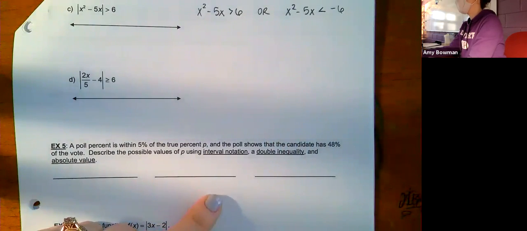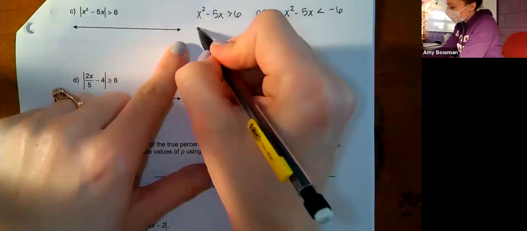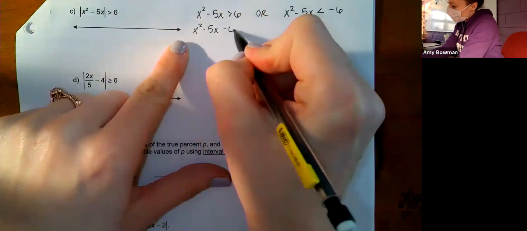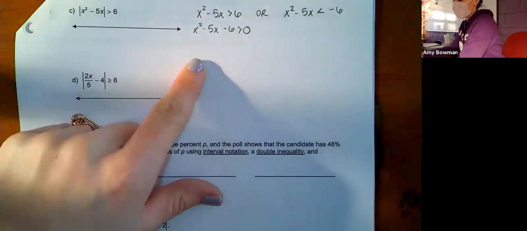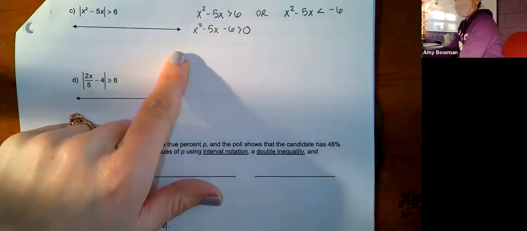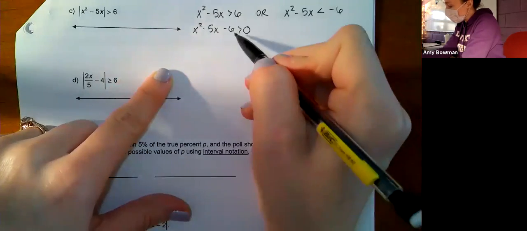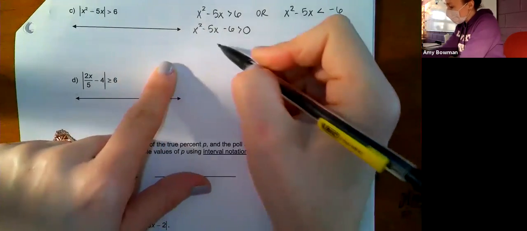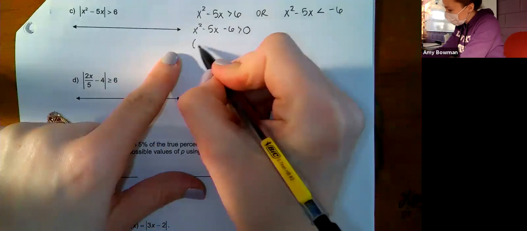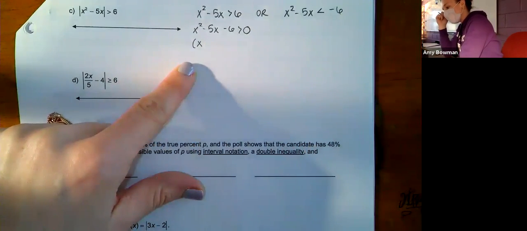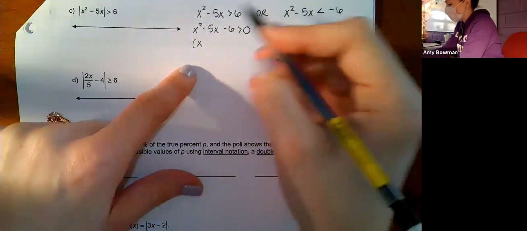Subtract 6, and now I have a quadratic. Okay, factor. What multiplies to negative 6 and adds to negative 5? That would be negative 6 and positive 1.